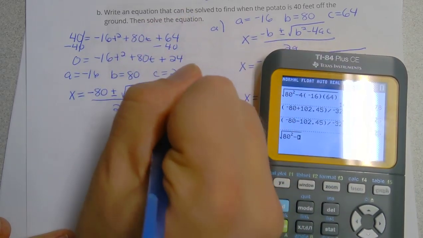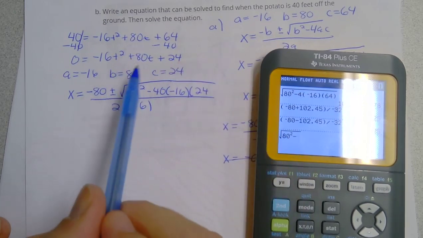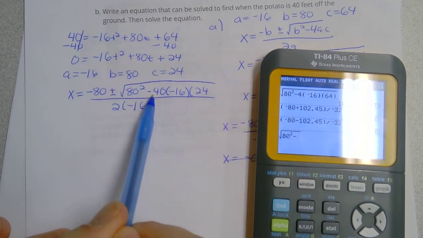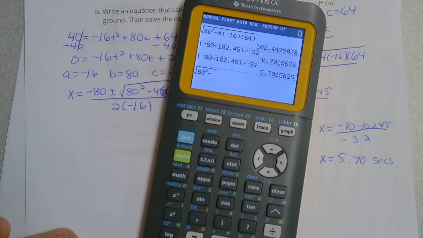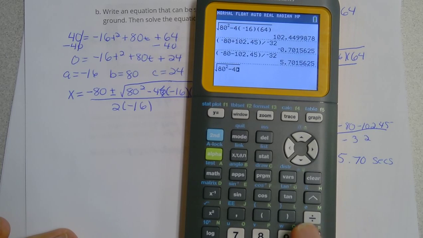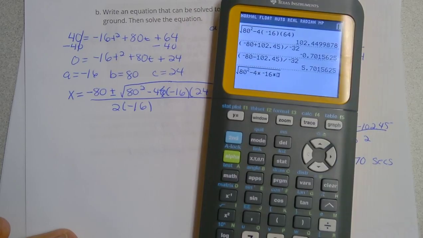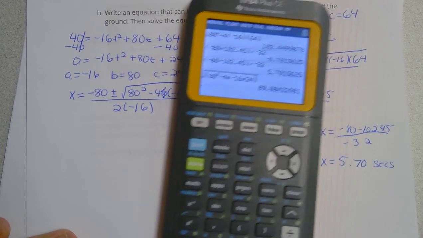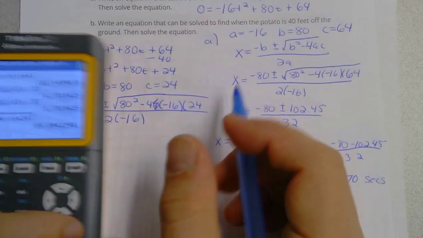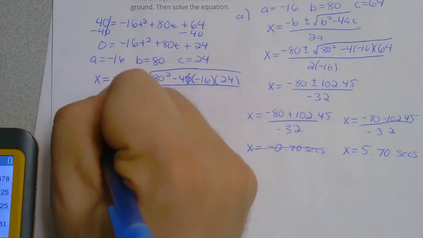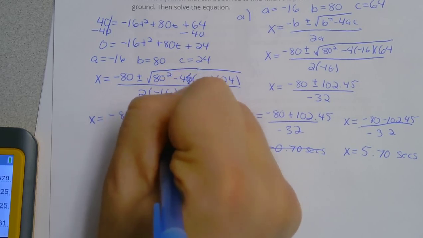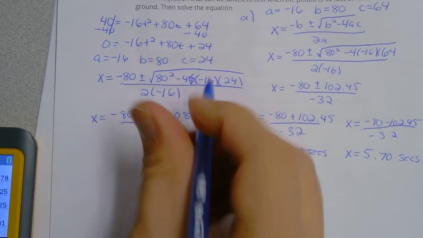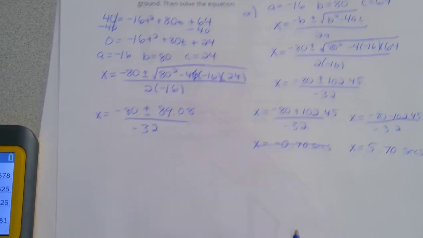That should be 4, so let me cross that out. So minus 4 times negative 16 times 24. And that gives me 89.08. So this is going to be x equals negative 80 plus or minus 89.08 all over negative 32.